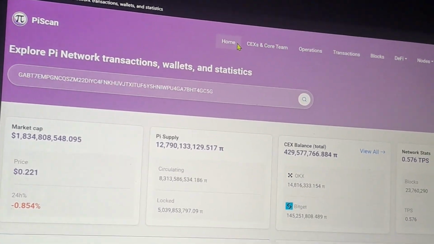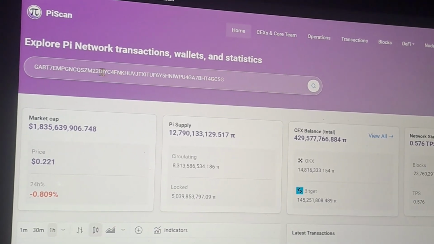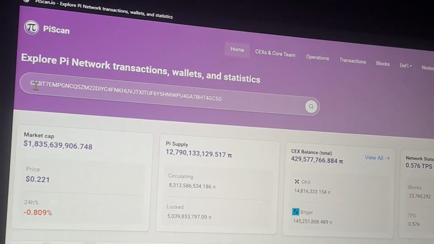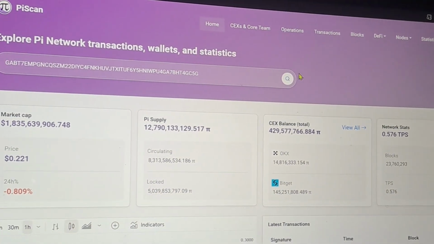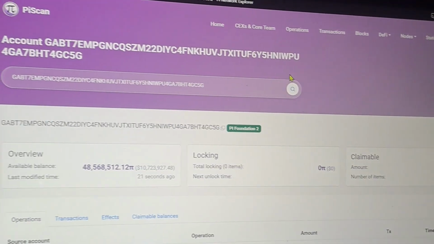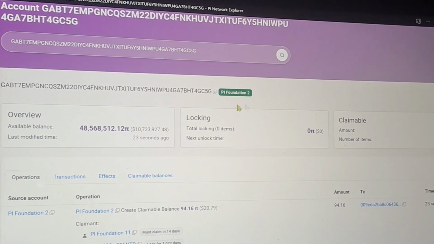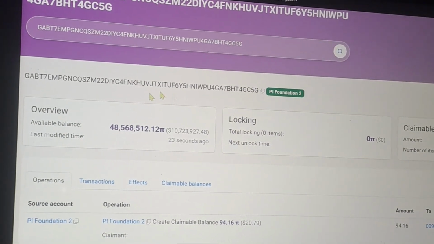Now here you can paste whatever account you want to scrutinize, or you want to track the activities in that wallet. For example, I'm going to use this wallet, that is the Pi migration wallet. So you can come and search and see what is happening. So you can see the Pi migration wallet, which is the Pi Foundation 2, has this amount of Pi as I speak.